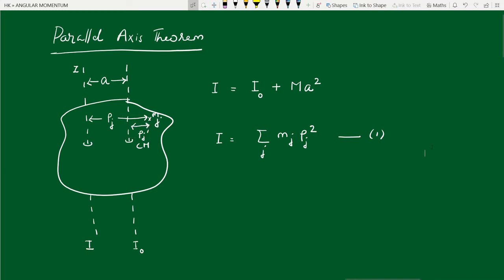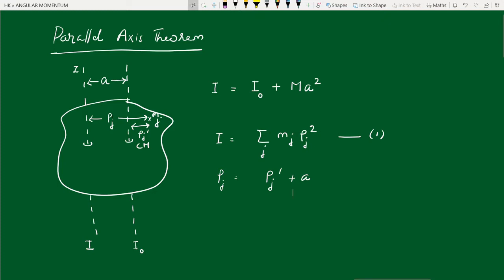Now from this figure we can see that rho j is equal to rho j prime plus a, correct?